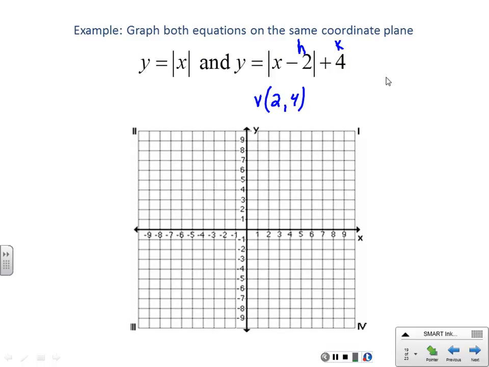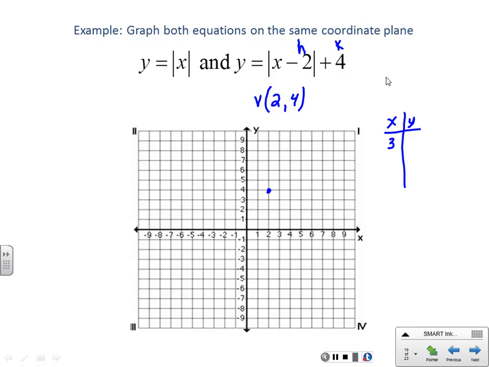So we're going to take that basic curve that we've already graphed. We graphed it when I was showing you the basic curves. And we're going to shift it to the right 2 and up 4. Now you already know it should make a V, right? So let's use a T-chart. And let's plug in 3. So if we plug in 3, 3 minus 2 is going to be 1.